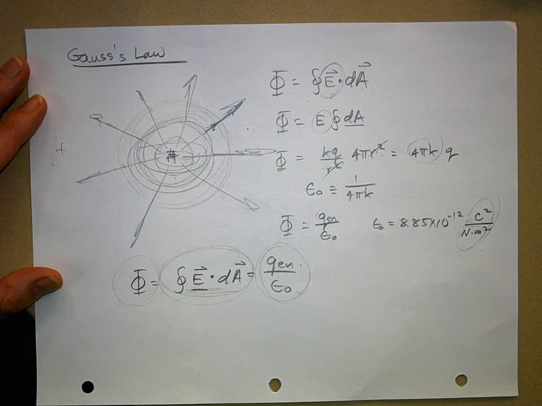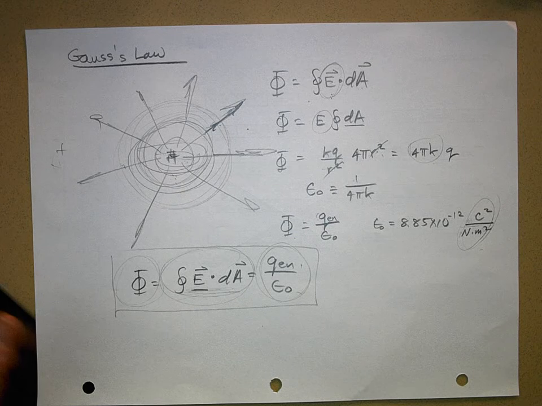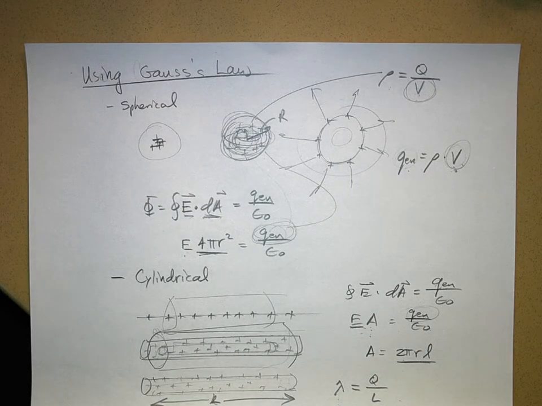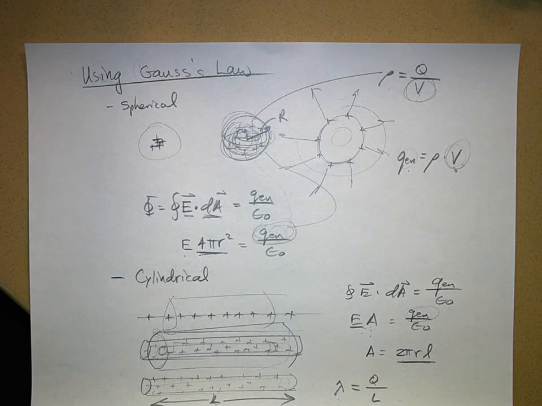And there will be 2 problems on Gauss's law. That's 20 out of 60 points is Gauss's law. So make sure you know how to use it. Okay. That is all.